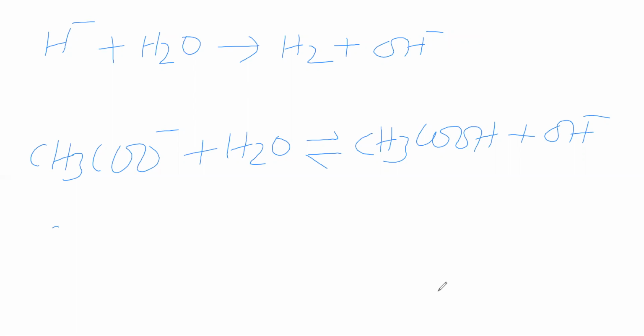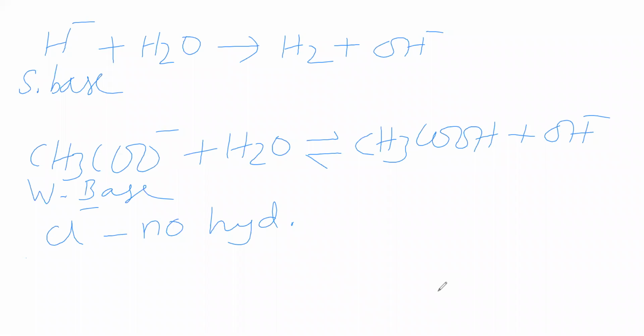Cl minus, we said no hydrolysis. Now H minus is a strong base. Acetate is a weak base. Cl minus is a very weak base. So Cl minus, being a very weak base, has no hydrolysis.